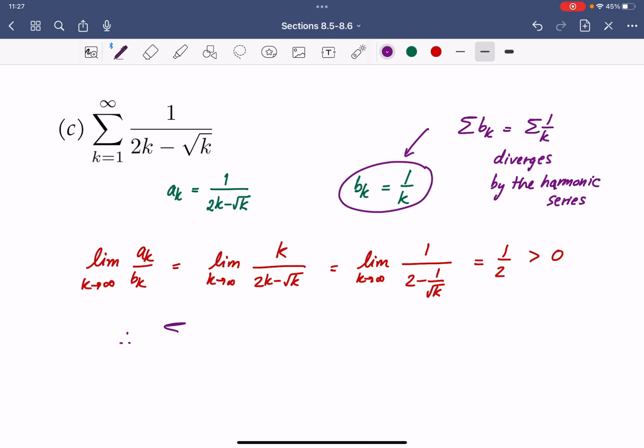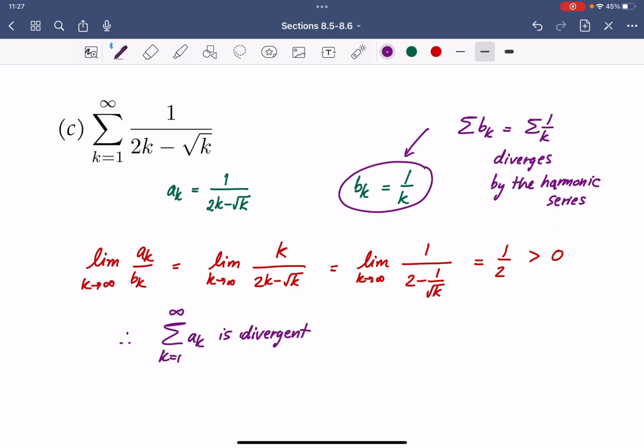So the answer is the sum of a_k is also convergent. Oh, sorry, divergent. Yeah, divergent. k starts from 1 to infinity.